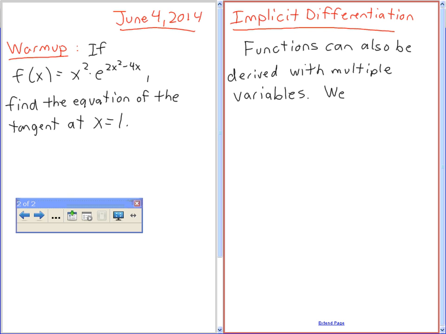We take the derivative of each term and solve for dy by dx.